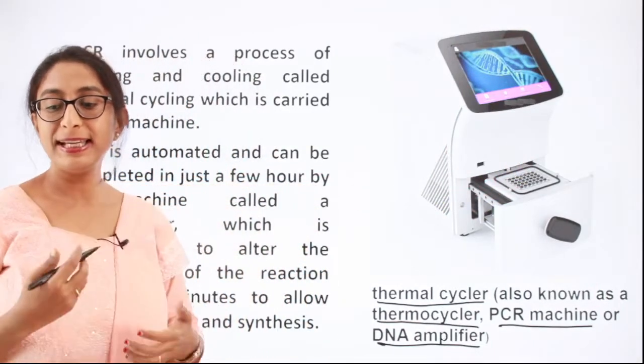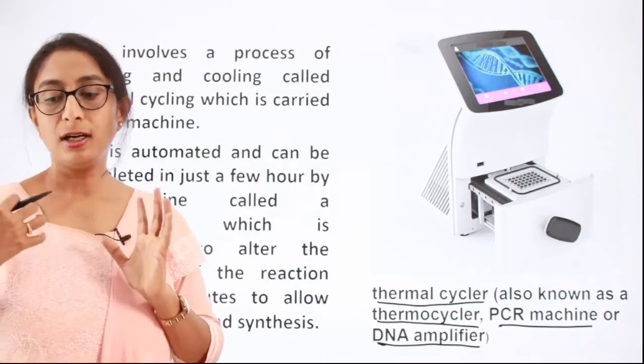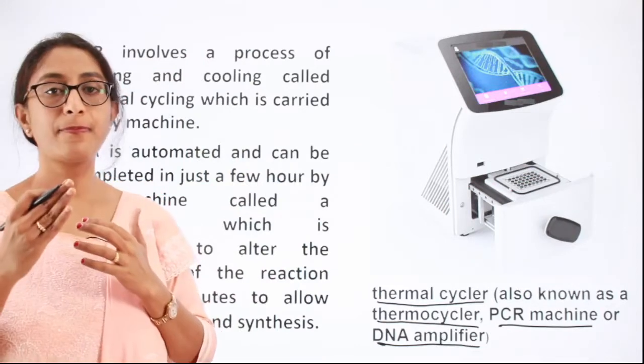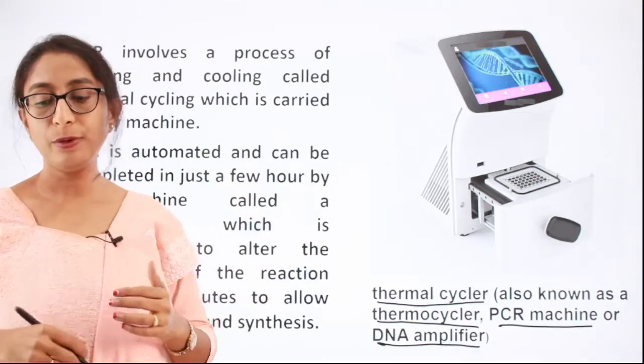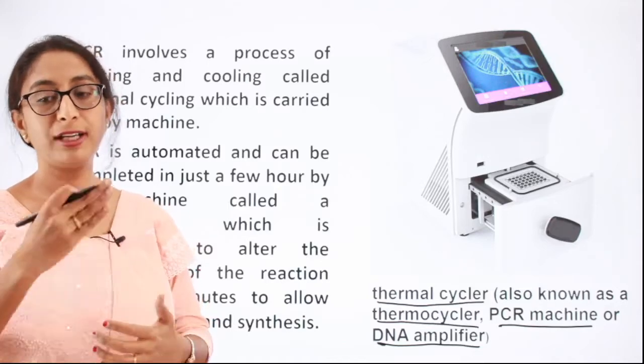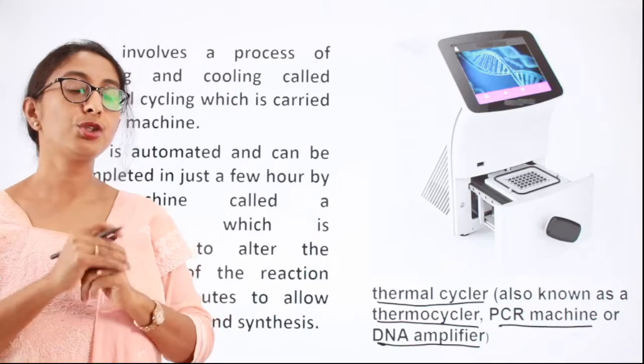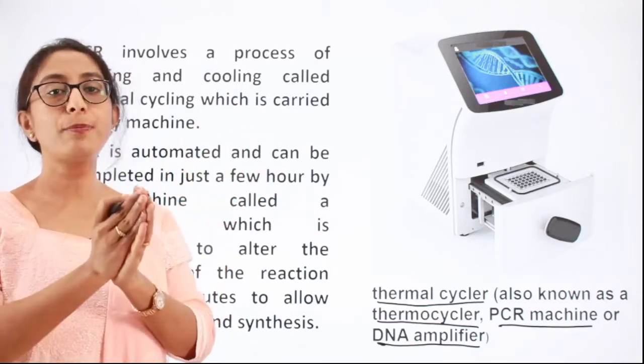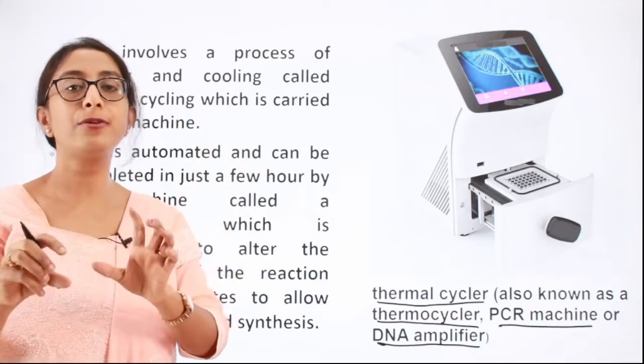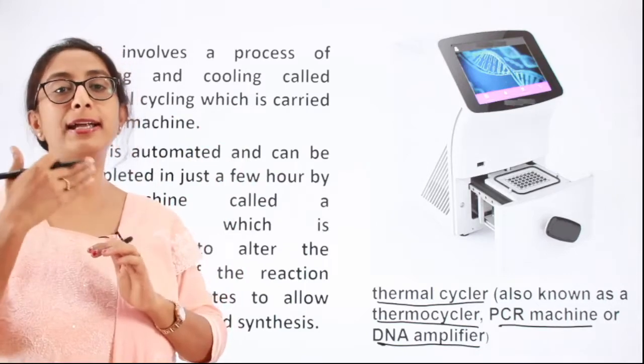PCR actually involves a process of heating and cooling, which is carried out by the machine at different timings, and it is a completely automated procedure. So once you add all the requirements of a PCR into a vial and load it into the instrument, it will go on.